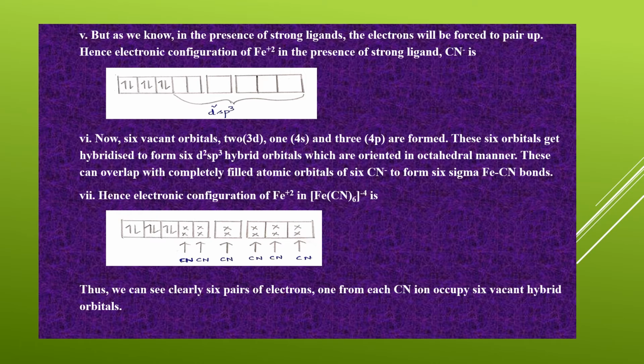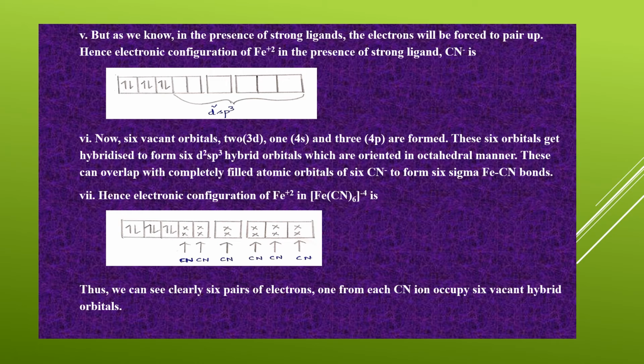Now these 6 orbitals get hybridized in order to form 6 d2sp3 hybrid orbitals. So two 3d, one 4s and three 4p orbitals get hybridized to produce 6 d2sp3 hybrid orbitals, and these are oriented in octahedral manner. Underline that point, students.